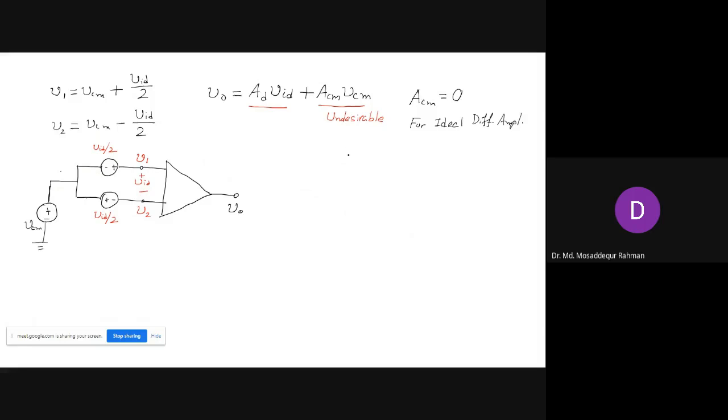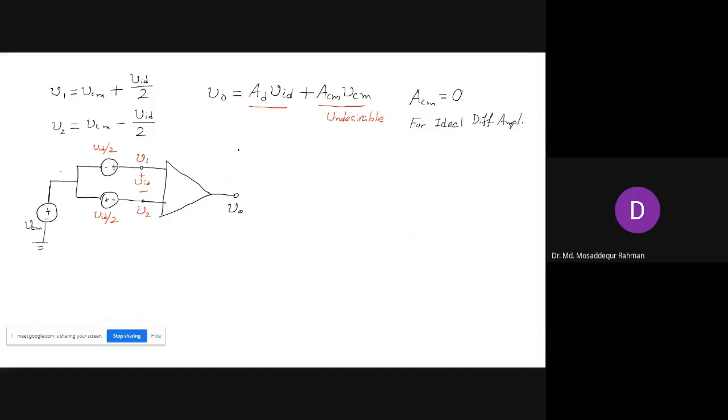That is the ideal situation, but for a practical differential amplifier, it will not be 0 because there are so many different non-ideal factors that will affect the output and have some contribution due to the common mode input voltage.